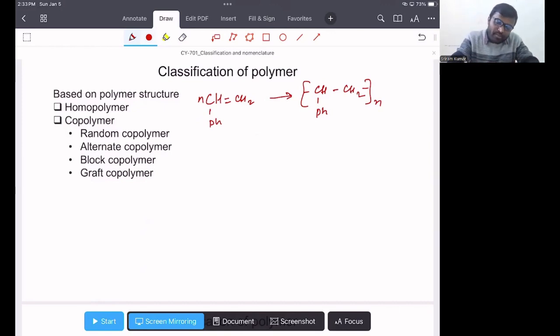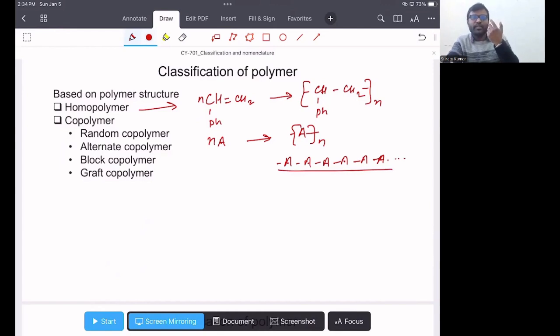Here it has only one kind of repeat unit in that polymer, and that's why this is called a homopolymer. If you take the example A, this is kind of A n. So this is a polymer where you have only one kind of repeat unit, and that polymer is called a homopolymer.